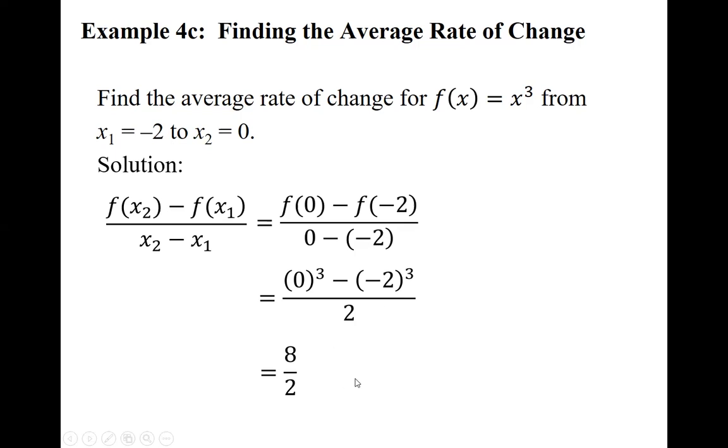We get 8 over 2, which is 4. So the average rate of change from x1 to x2 for this function is 4. And that's it for this topic.